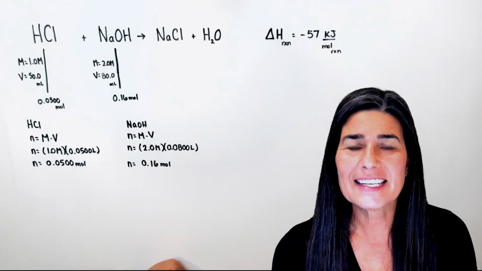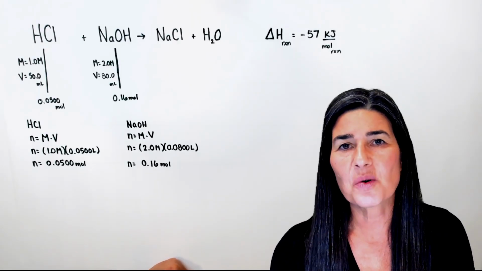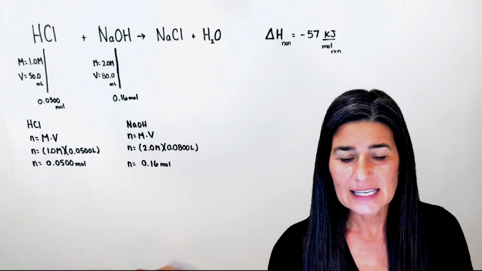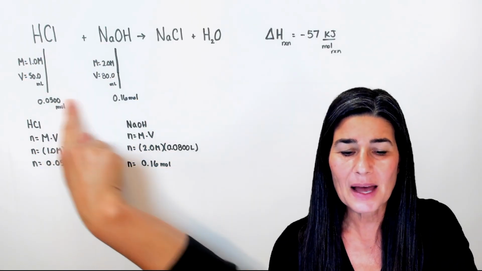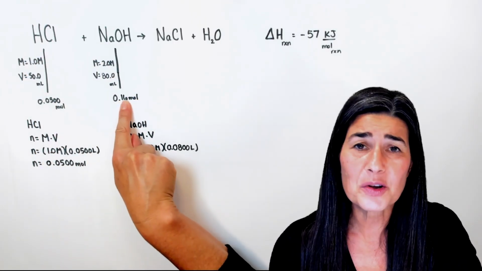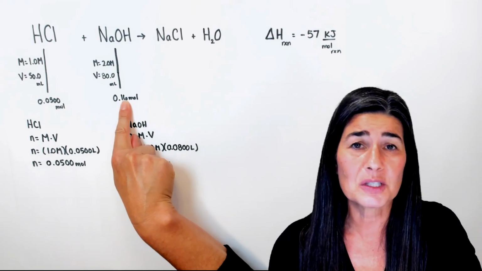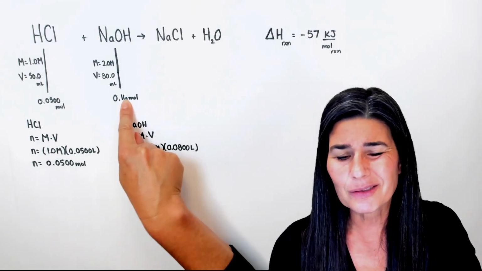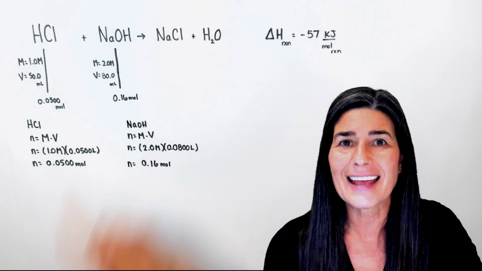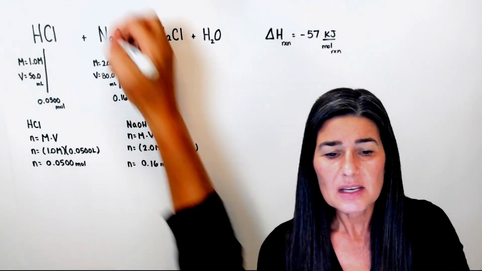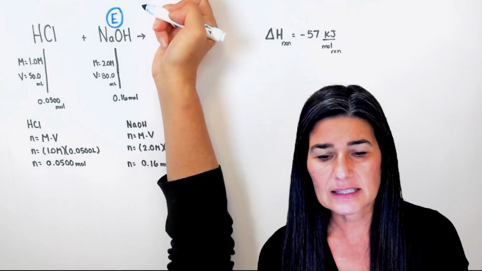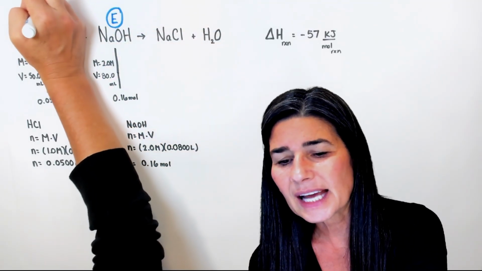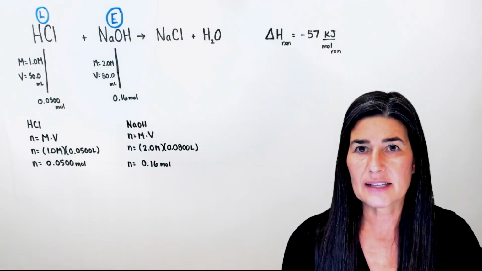Okay, we can clearly see which one of these is going to be our limiting reactant. It's supposed to be a 1-to-1 ratio. We should have the same amount, but we have well over double the amount of sodium hydroxide here. We knew that. It was twice as concentrated and they added extra. So the sodium hydroxide is your excess reactant and the hydrochloric acid is your limiting reactant.